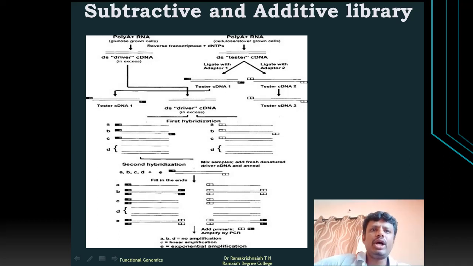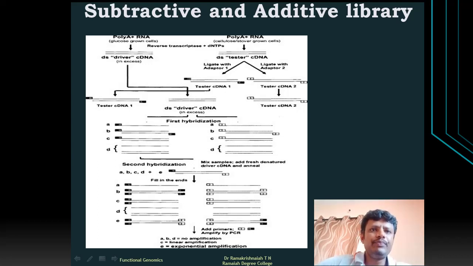The DNA or RNA which has to be identified lacks the target sequence. The two populations are hybridized with a ratio where one is more and one is less, with respect to the driver and the tester. The driver will always be more than the tester. Remember that.